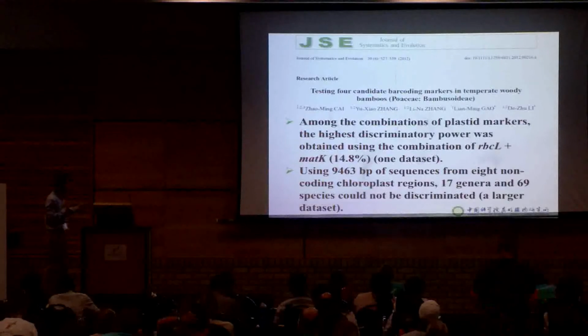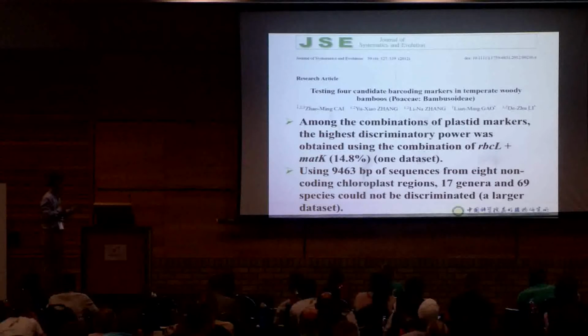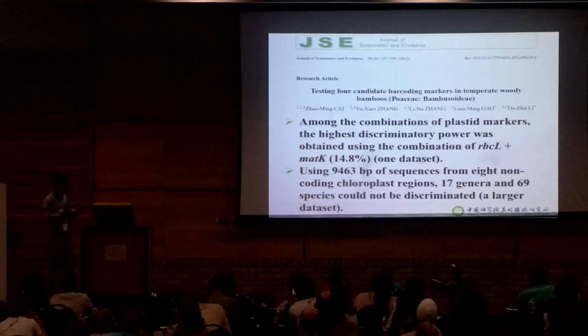So we tried to use the conventional barcoding to separate the bamboo, but actually this is really, really difficult. Only less than 15% of the species can be distinguished.